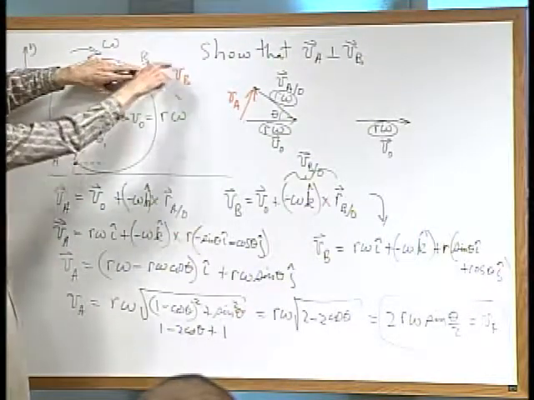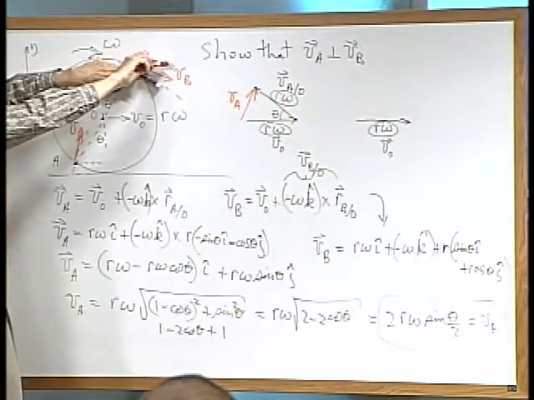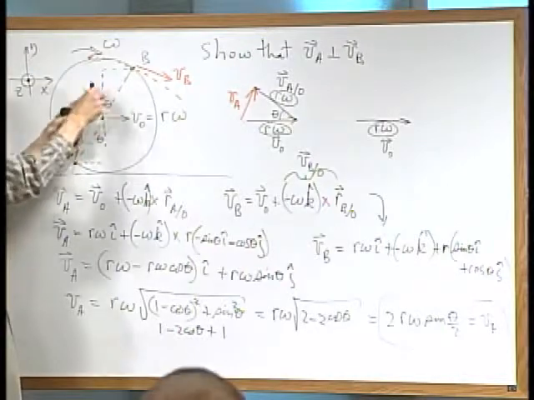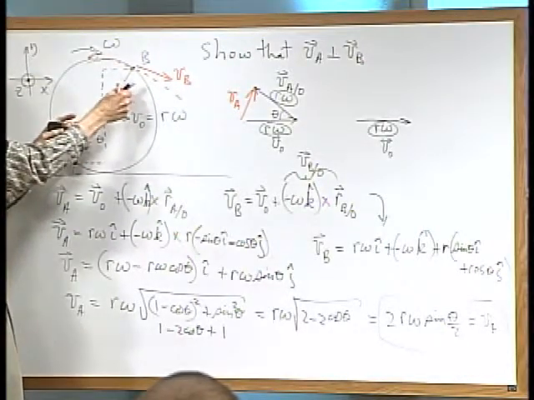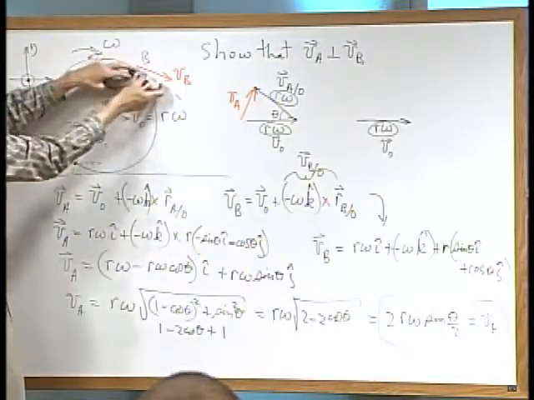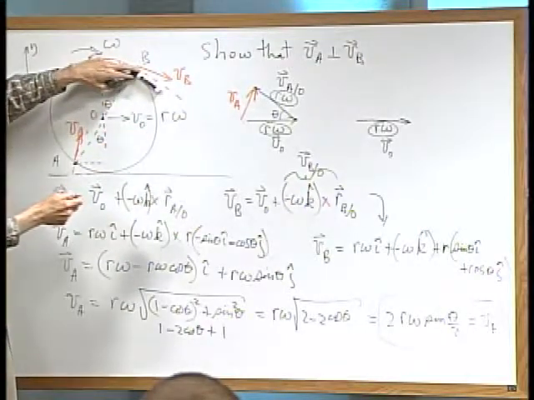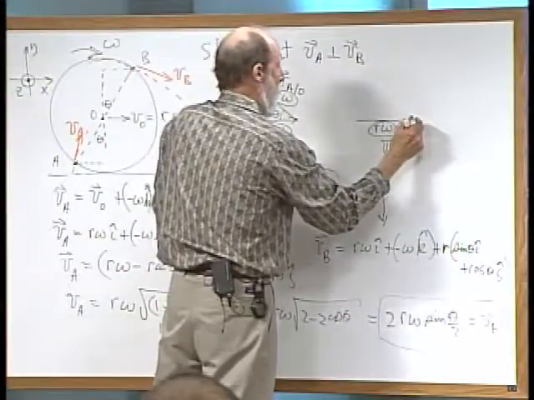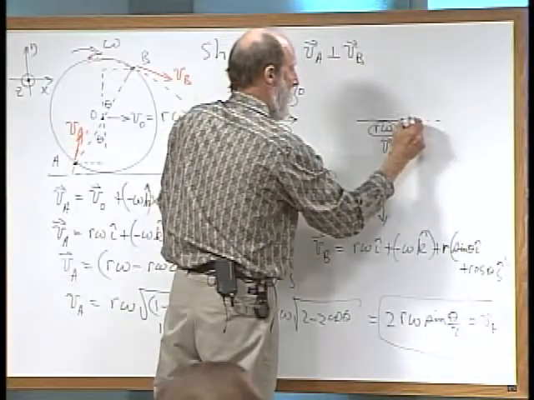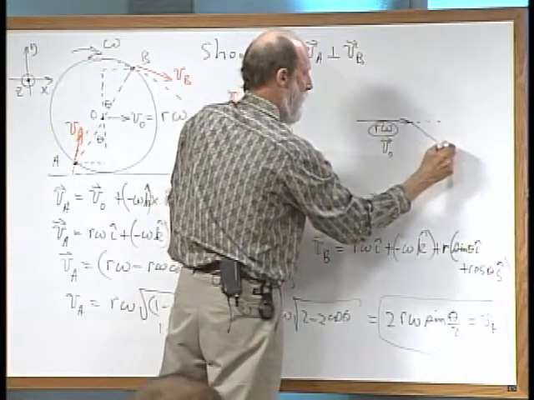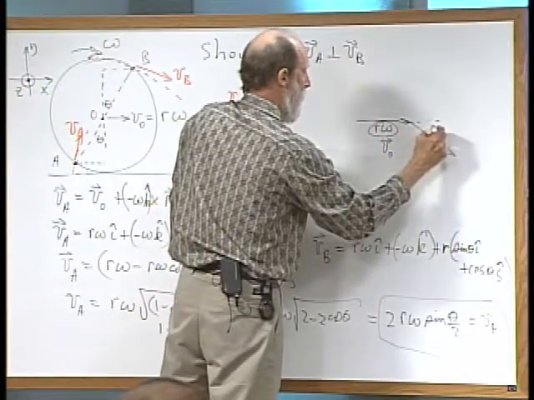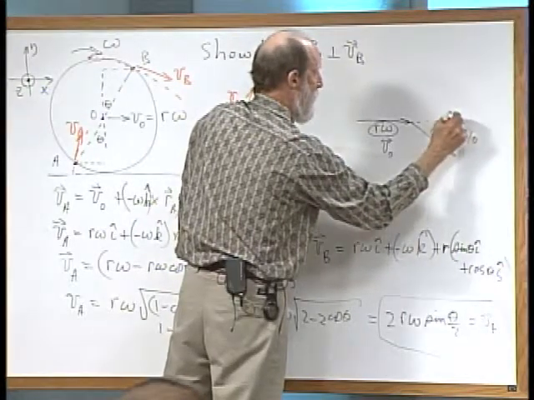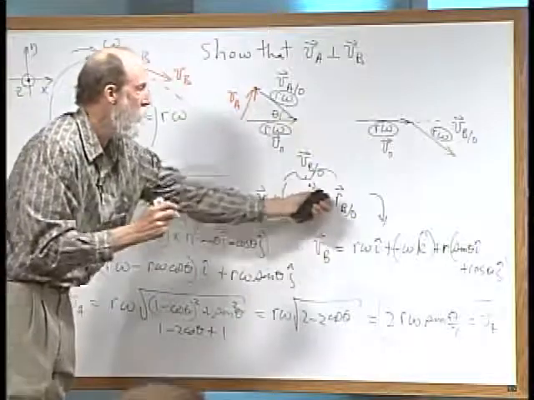At angle theta below the horizontal, because this is angle theta off the vertical. And they're perpendicular to one another. Okay? So we're going to come off the horizontal by angle theta, and we're going to go down this way, r omega in magnitude, and that's the velocity of B relative to O, this cross product term.